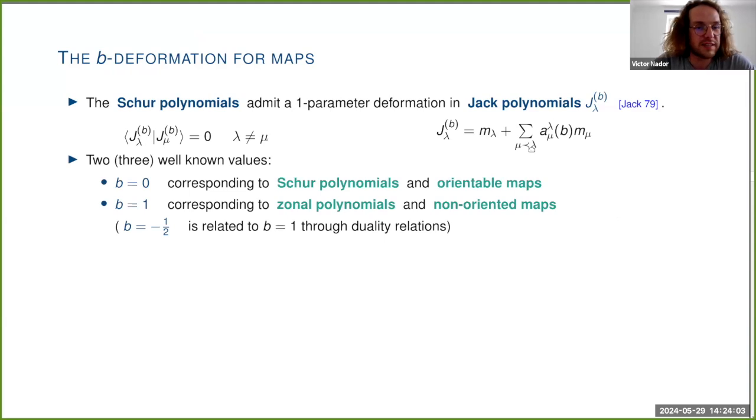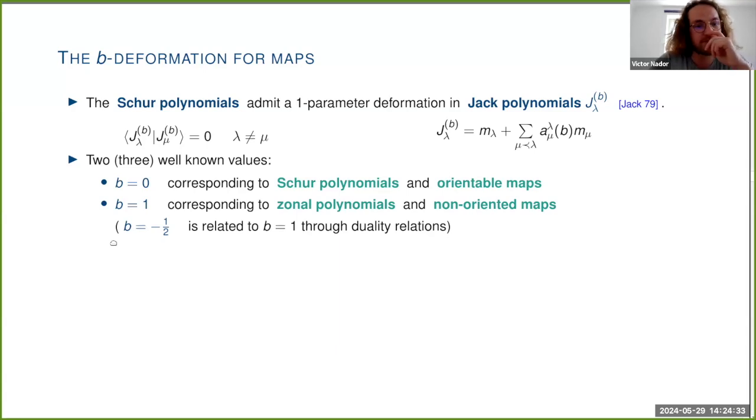We essentially know three values of b that are well known for these polynomials. For b equals 0, they are simply the Schur polynomials and are associated to orientable maps. For b equals 1, they correspond to zonal polynomials and to non-orientable maps. There is also a third value that is known, essentially through a duality relation with the non-orientable case, which is b equals minus 1/2.